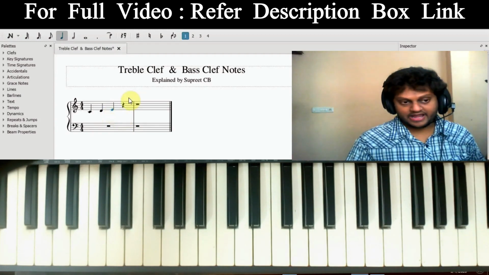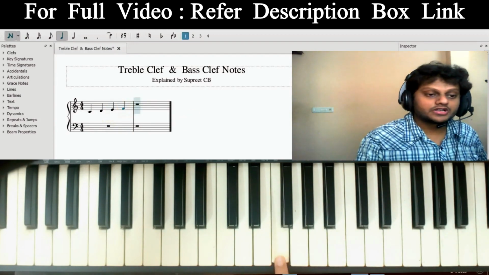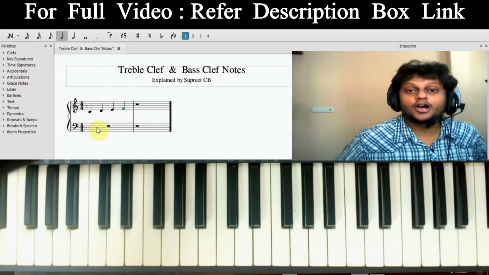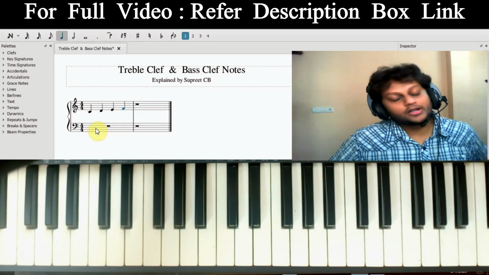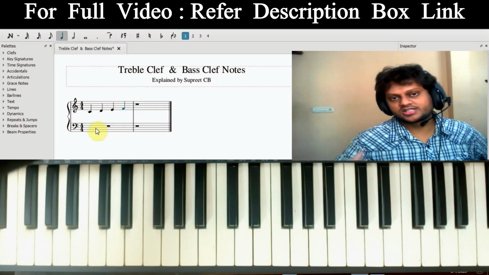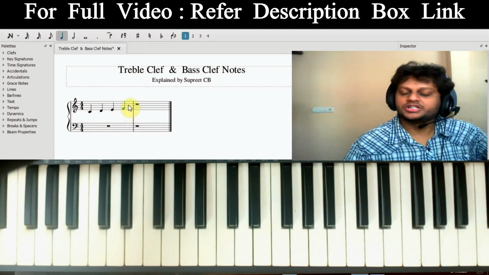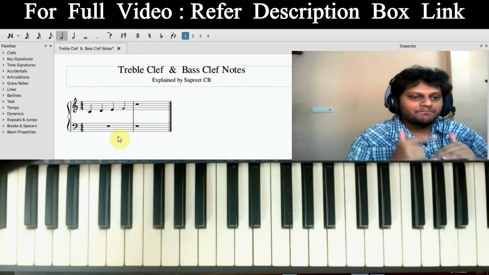And after E we have the F note. So now it's time to look at the F note. I'm going to play the F note, and you can see where it is located. The F note is exactly on the first space. Before that I would like to talk about the spaces. We just discussed the lines. There are 5 lines starting from the bottom, 1, 2, 3, 4, 5, but we should also see there are spaces between them.